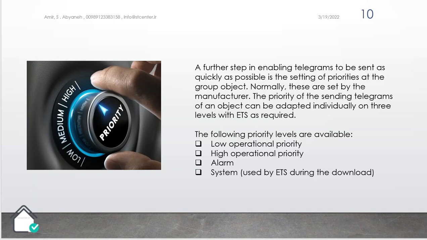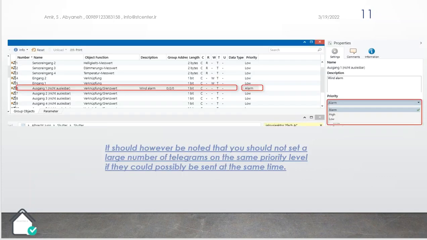And the system priority is for the manufacturer, okay, and also for the ETS during the download. So you can see here, to change the priority, you can click on a group object in ETS, and then from the right hand side, in the properties setting, change the priority from low to high and alarm.